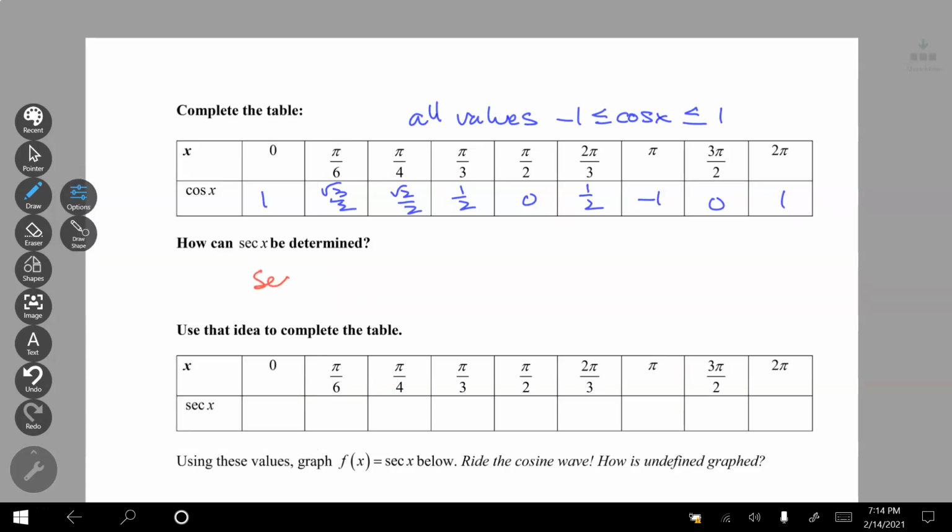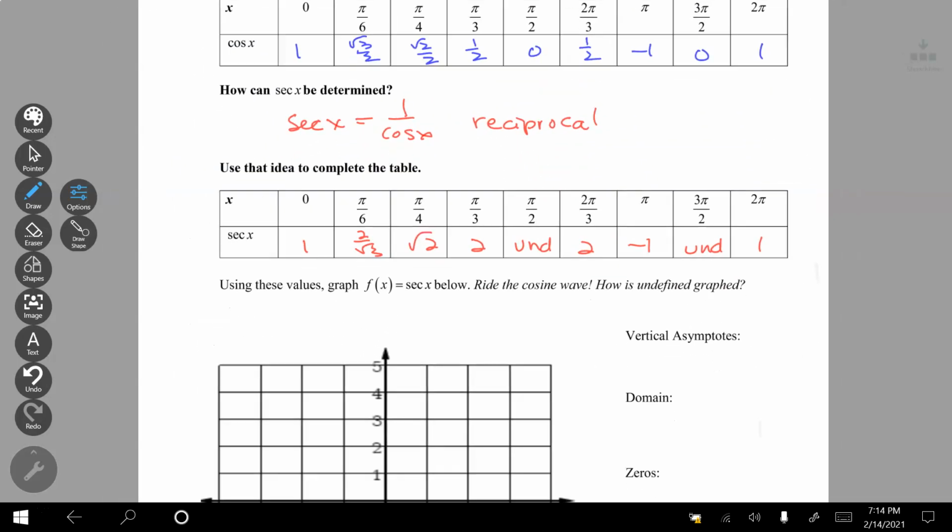So how do I get secant? Well, secant is just the reciprocal of cosine. So I'm taking all these values in blue and turning them upside down. 1 becomes 1, 2 over radical 3, 2 over radical 2 is just radical 2, 2, undefined, 2, -1, undefined, and 1. So I'm going to graph these values.